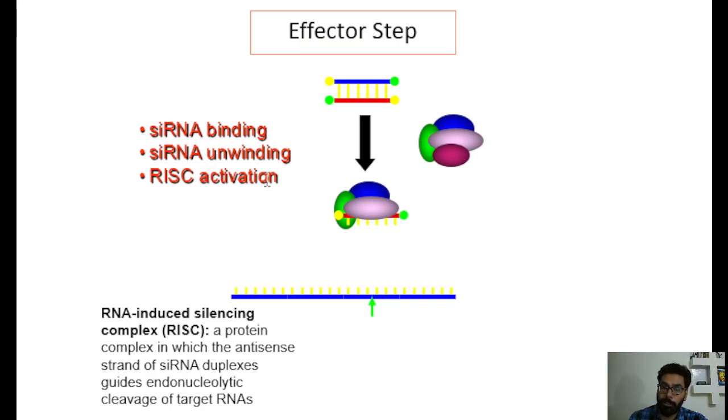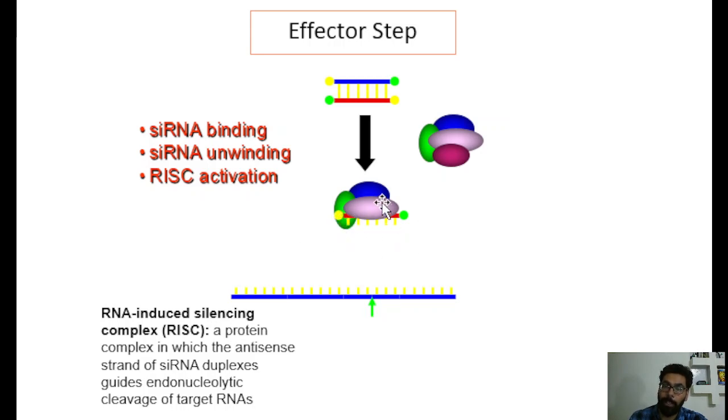And as I already told, the antisense strand is important, so only the antisense strand will remain here, and the other strand will get degraded.